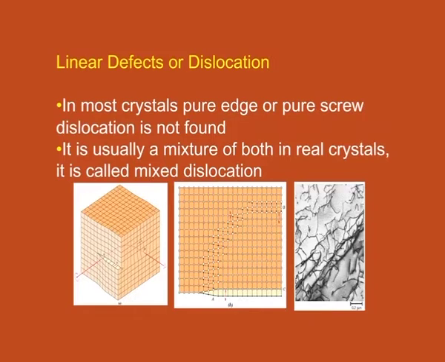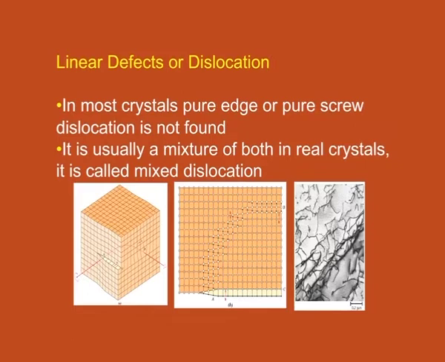The dislocations or linear defects which are generated due to the shear stress on the solids give a particular type of physical property which otherwise is not present in a crystal where there are no linear defects.